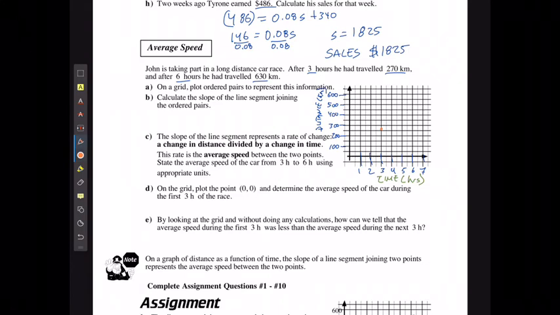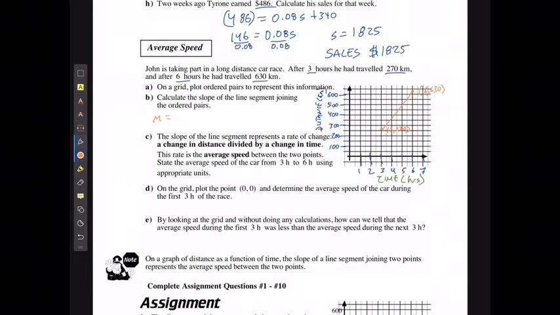After 6 hours, he traveled 630 kilometers, which is going to be about here. I'm going to connect these points. And it wants us to calculate the slope of the line segment for these ordered pairs.